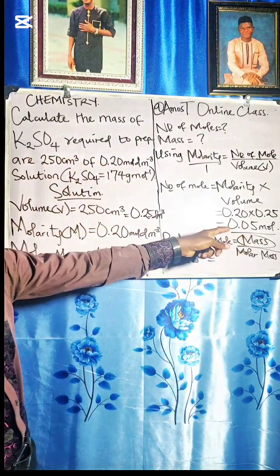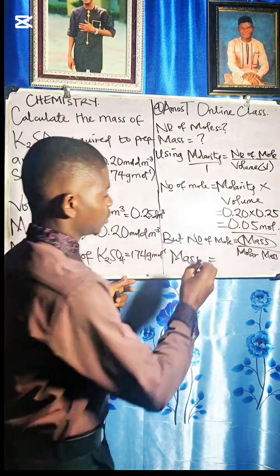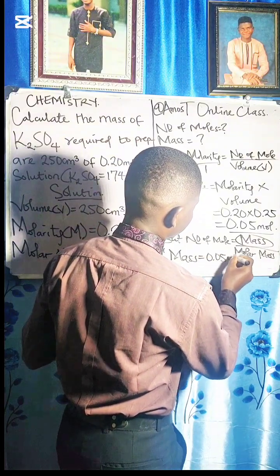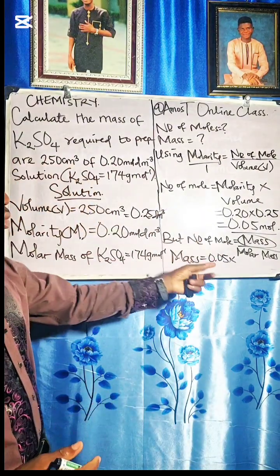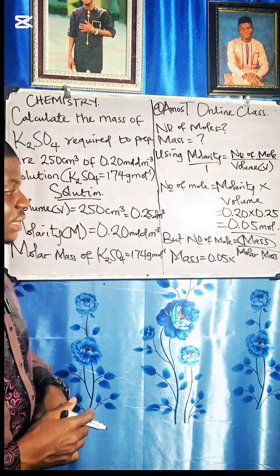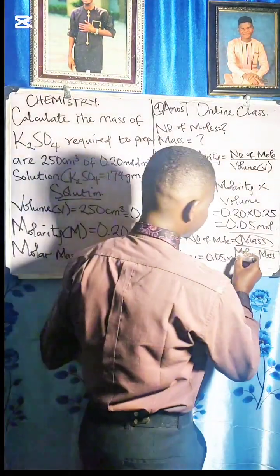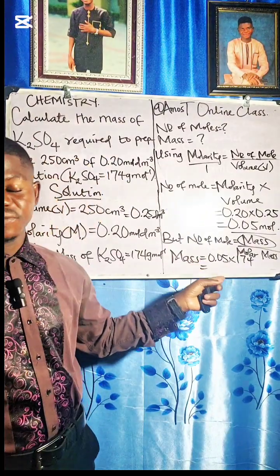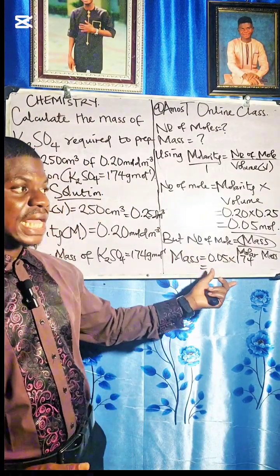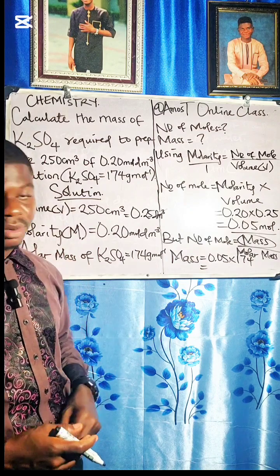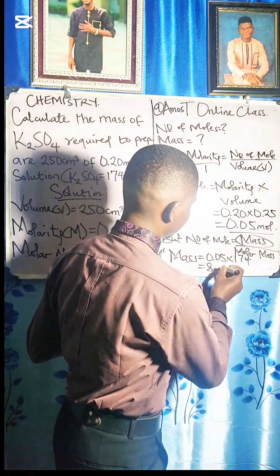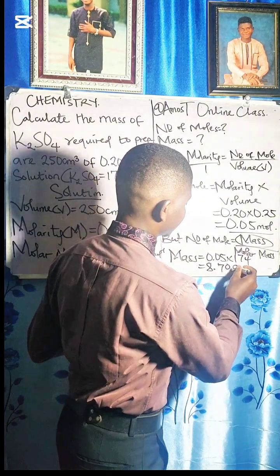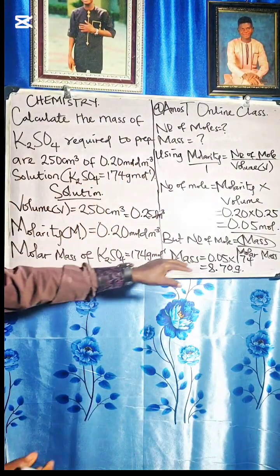The number of moles we have calculated to be 0.05 mole, and the molar mass is 174 gram per mole. If you check this using our calculators, 0.05 multiplied by 174, we get 8.70 gram, and that is the final answer.